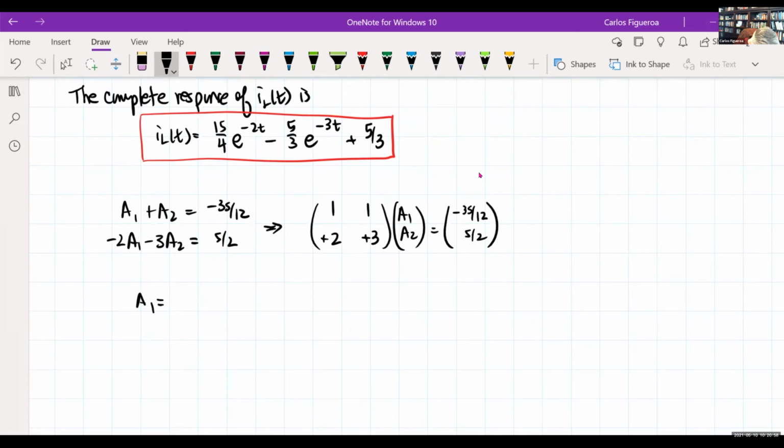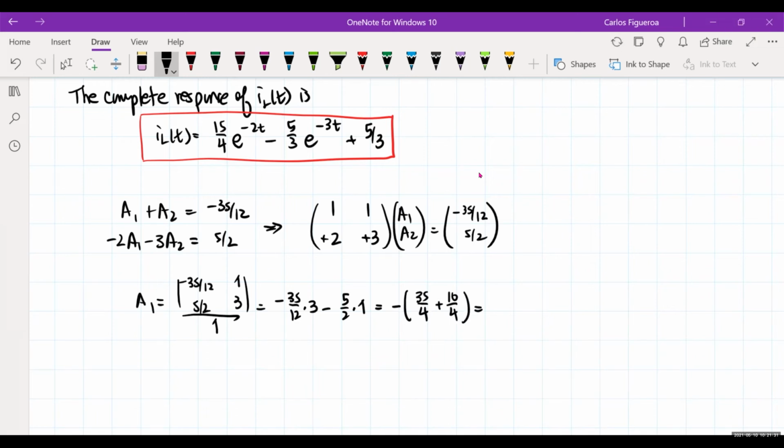So then this should be minus 3/2, and then this guy should be 1, 3 divided by 1. So then this should be minus 35/12 times 3, minus 5/2 times 1. So if I look at this thing, it's got to be 35 divided by 4. And then this guy should be 10/4.